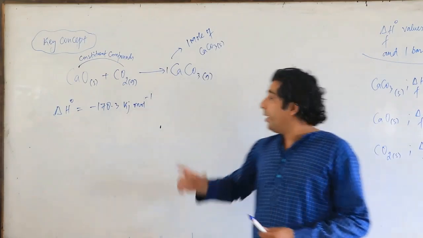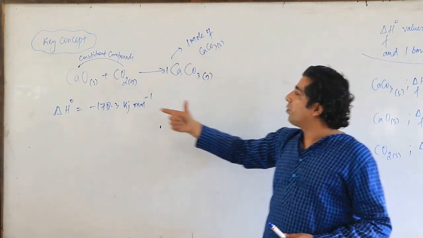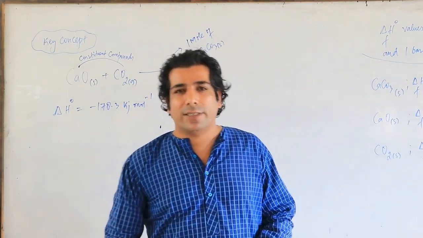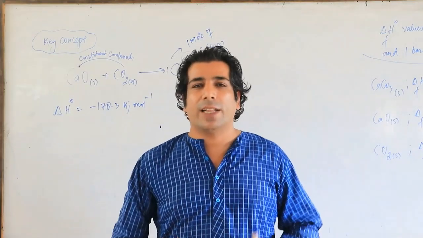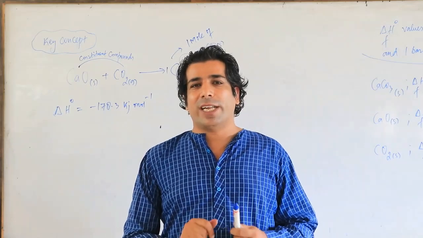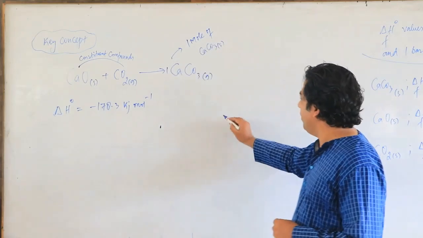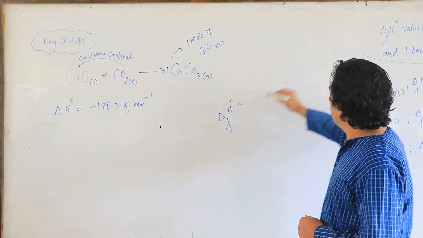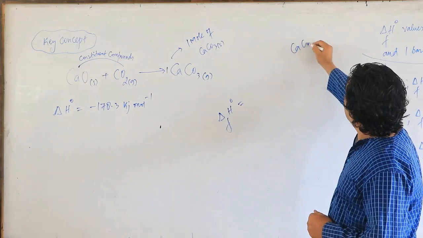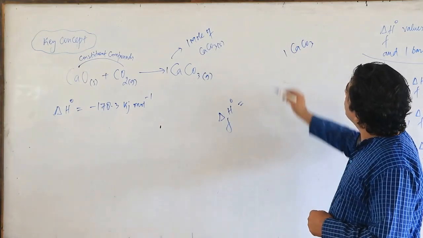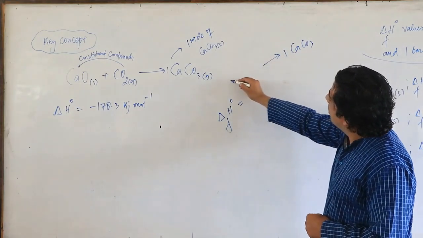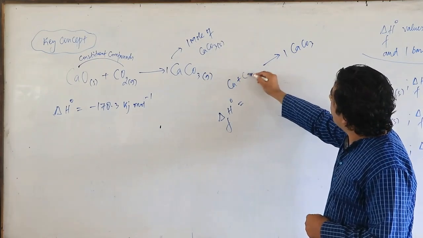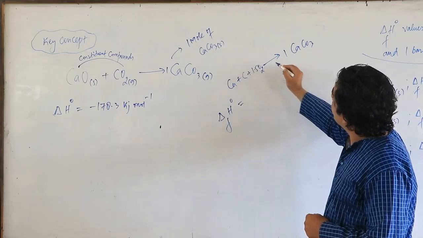Correct? So when you are making 1 mole of a compound from constituent compounds, it is not taken as a standard molar enthalpy of formation. Standard molar enthalpy of formation is taken only, have a look, if you make 1 mole of calcium carbonate from its constituent elements: from calcium, from carbon and 1.5 times O2.